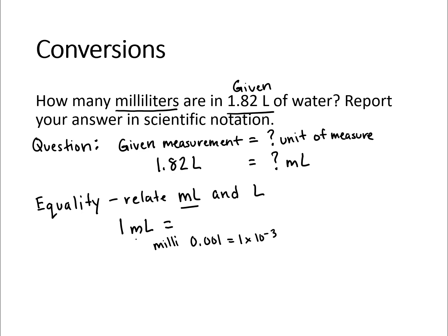We replace the milli. Let me use a different color here. So that red m is our milli, that's our prefix. And we need to write how many liters that is.